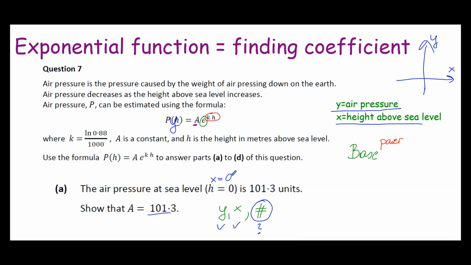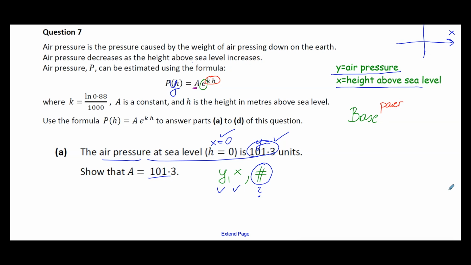x is 0, they gave me x, and here they are giving me y because air pressure is this. So that's my value of y. So they gave me the x, they gave me the y, so I have only one unknown, the coefficient. So we are filling those values in.